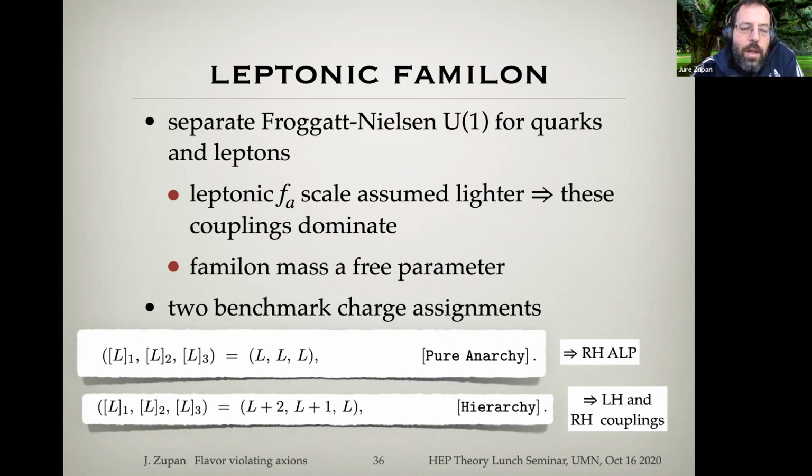They would come from the Weinberg operator, pure anarchy, which is perfectly fine with what we see, no? Or all the charges are the same, or you can plug in some hierarchy for the neutrino masses also. All right, so these are the two things that are plotted there.